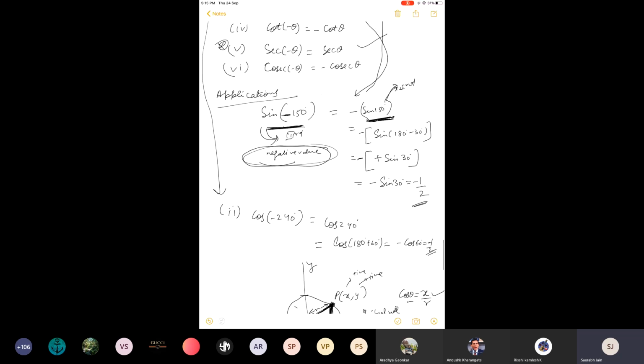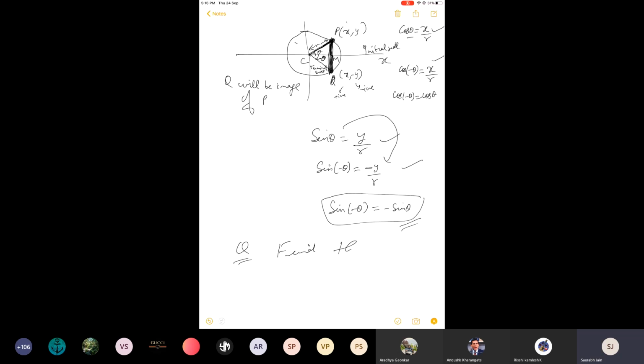Okay, just calculate one value and let's see if you are comfortable with this. So this is the value, cosec minus 240 degree.